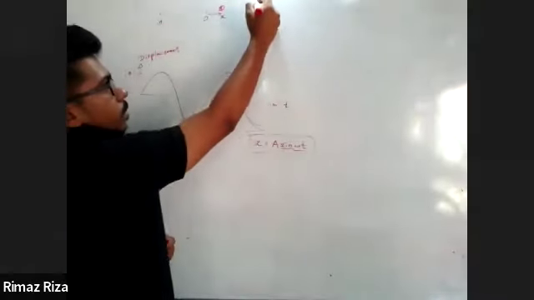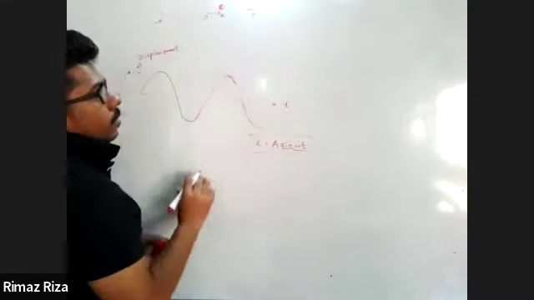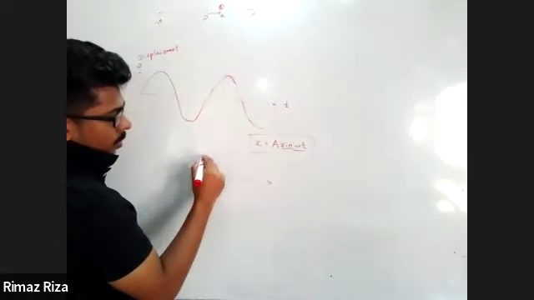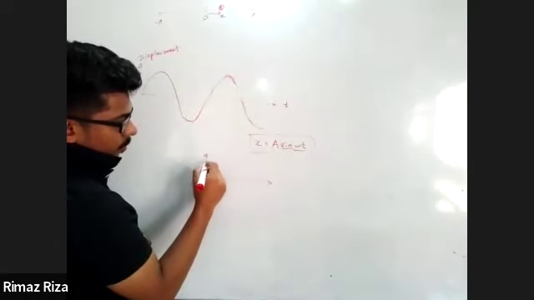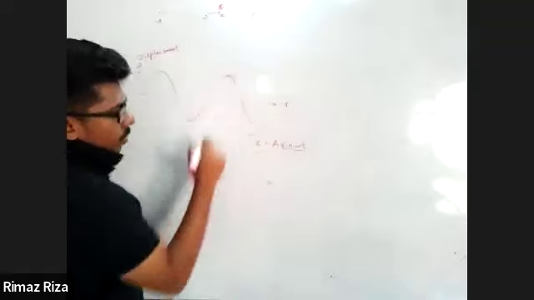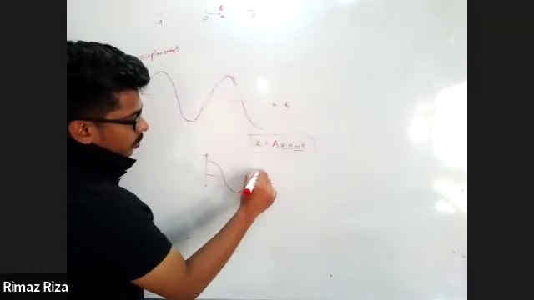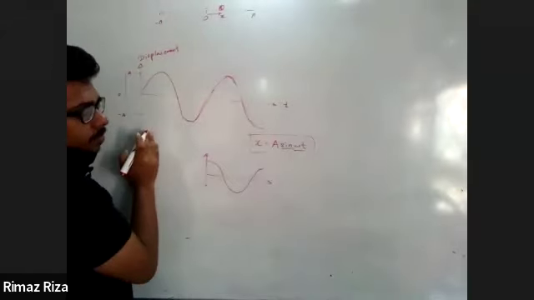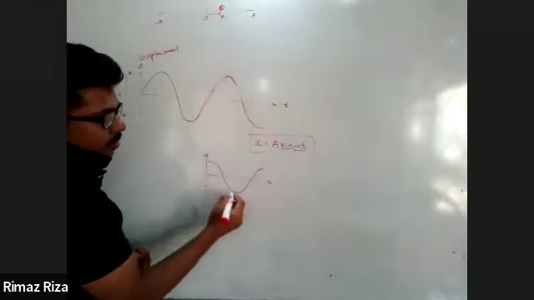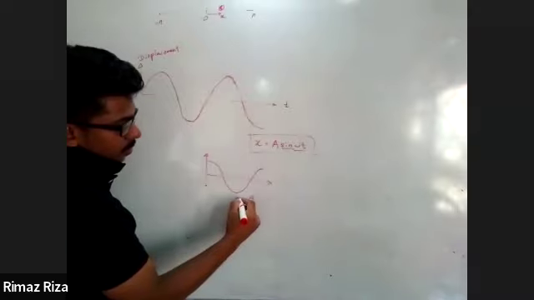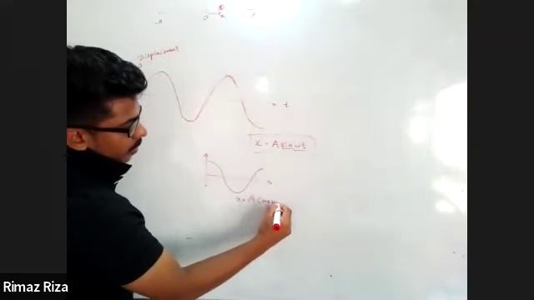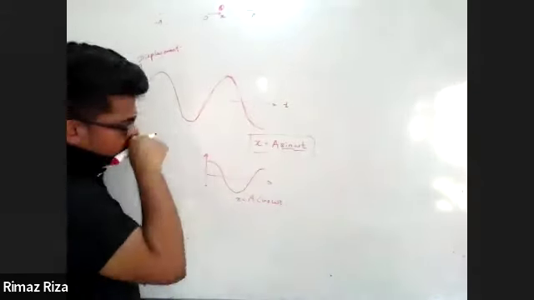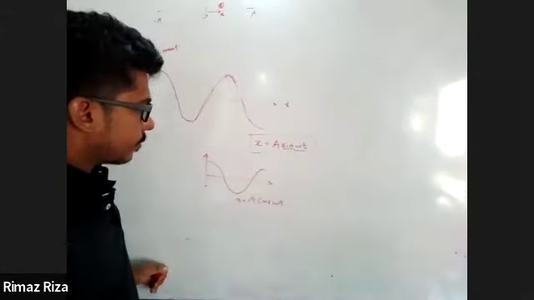If in case you start the particle here, then the graph will change to like this. That means you just shift the axis to here. Then this function is x equals a cos omega t. These things we will be discussing later.